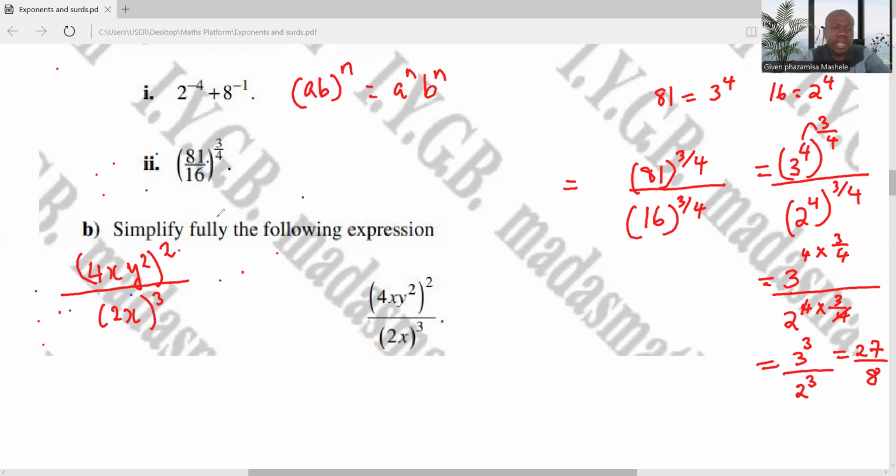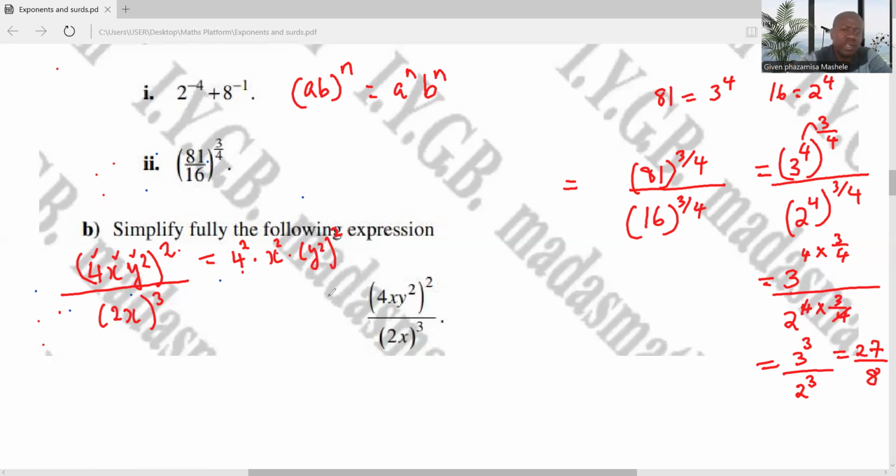So we can expand this: we have 4x y squared, and these are bases. So this is the same as 4 to the power of 2 times x to the power of 2 times y squared to the power of 2.